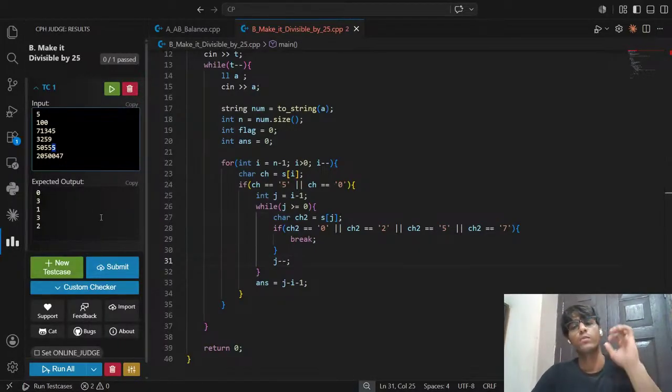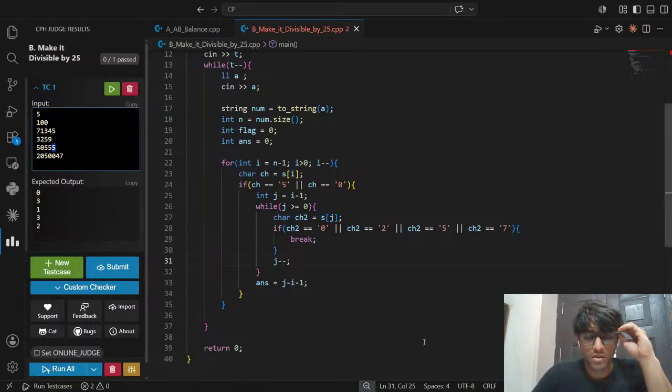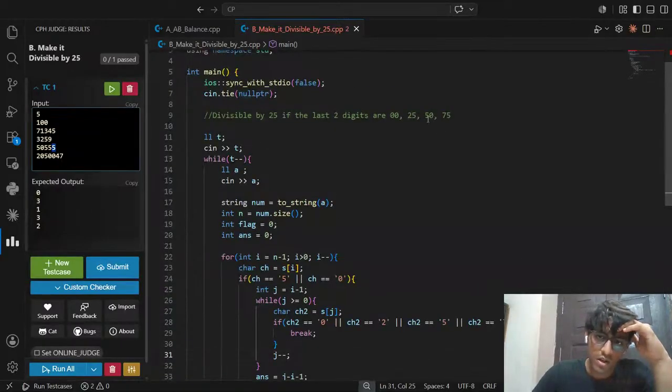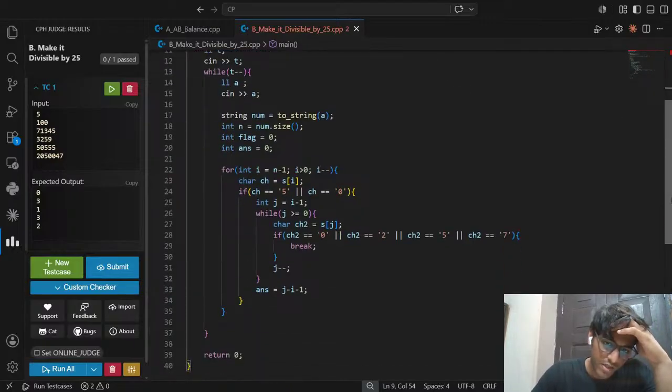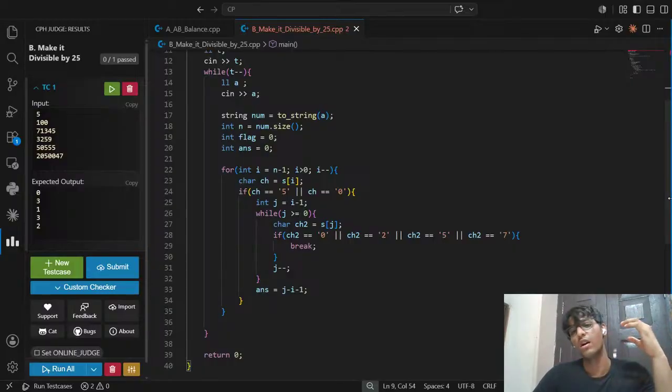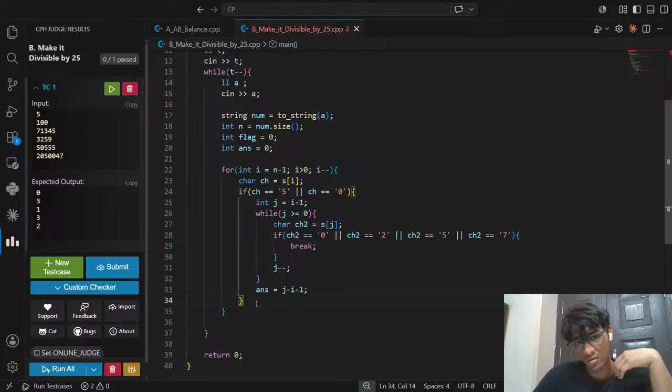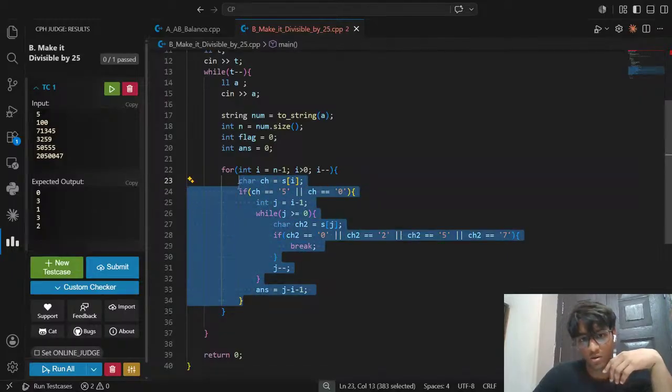But that won't work because if it's 0, then we will have two cases, that it should be 5 or 0, and if it's 5, then there is 2 or 7. That's something I didn't think about. This can't be the solution. It shouldn't get this long.